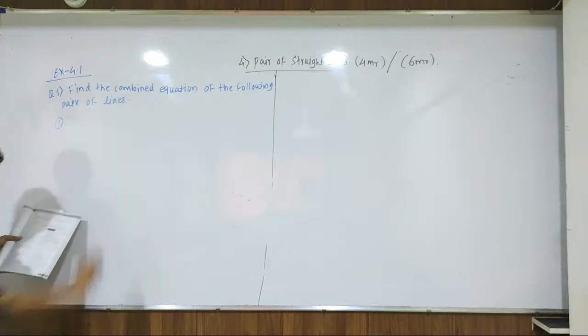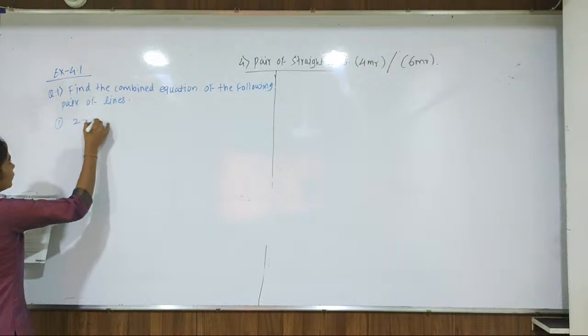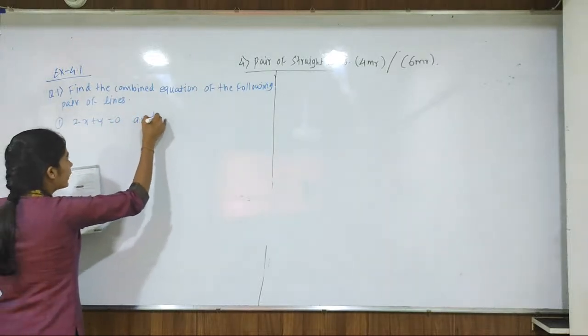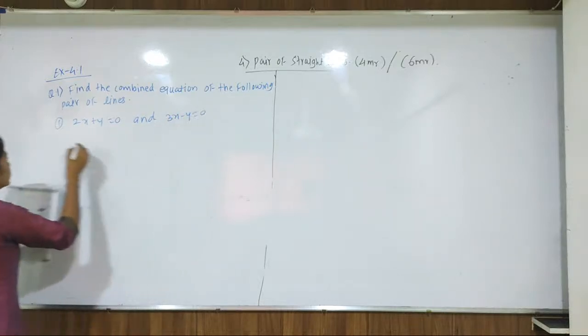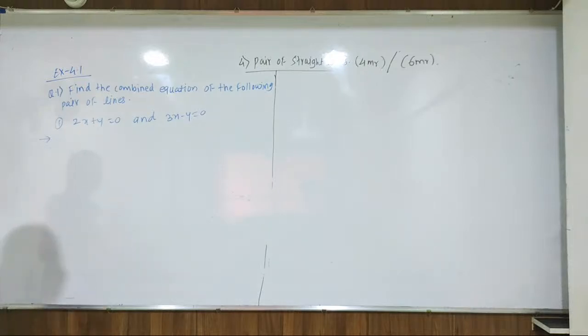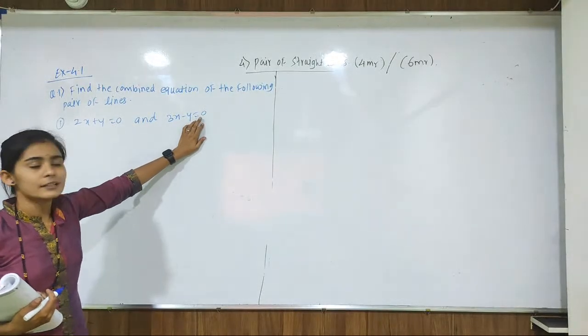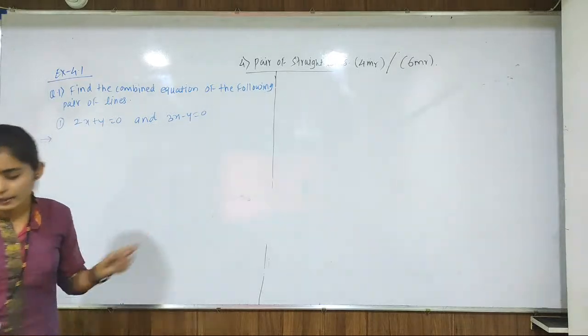Okay, so first one is given 2x plus y is equal to 0 and second is given 3x minus y is equal to 0. Now we have to find the combined equation of these two. 2x plus y is equal to 0, this is u, and 3x minus y is equal to 0, it is v. So we have to find the combined equation of these two lines.